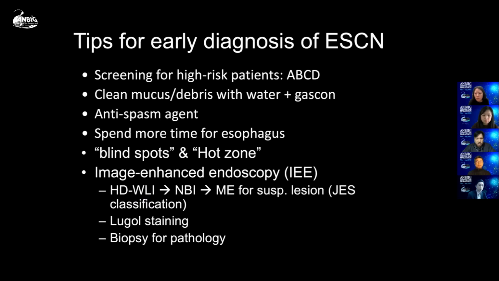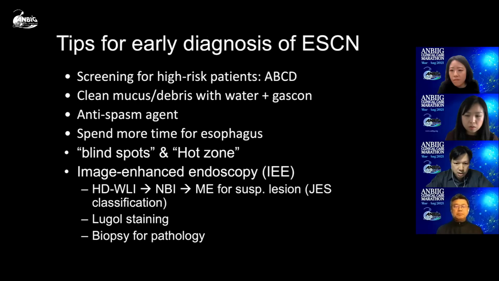We need to give antispasm agents such as buscopan. And most important, we need to spend more time on the esophagus. Try to take care of the blind spot and watch the hot zone area for esophageal lesions. Another important thing is using image-enhanced endoscopy to increase detection.